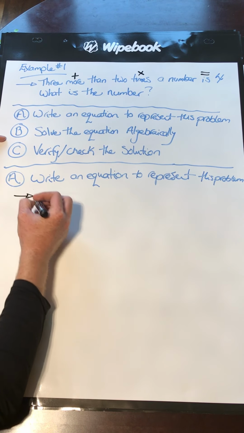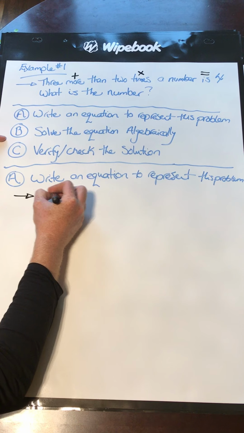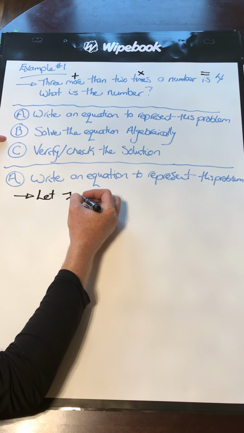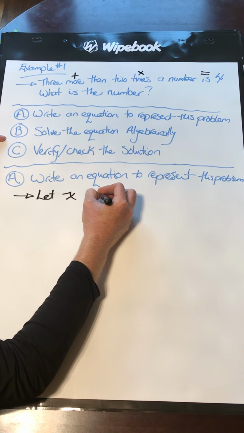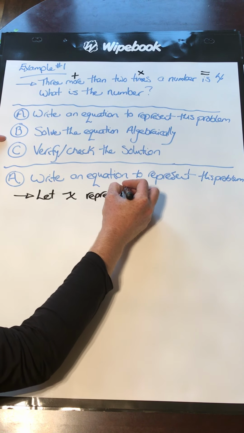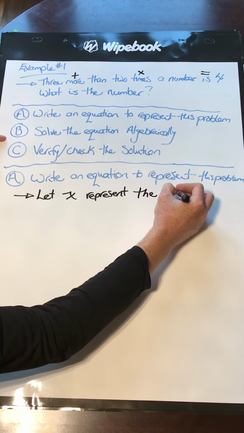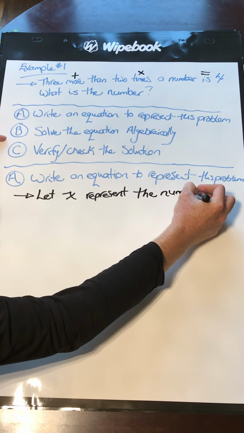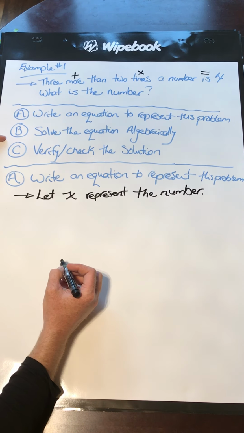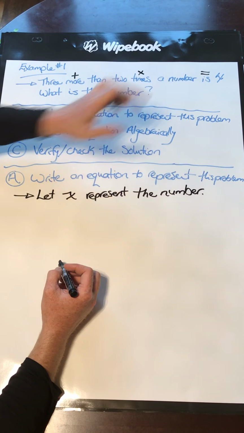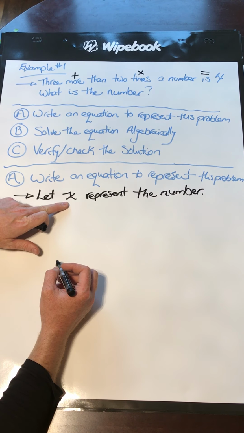And that important thing is we are going to say let x represent the number. Okay, so the number that's in this problem, we're going to let x represent it.